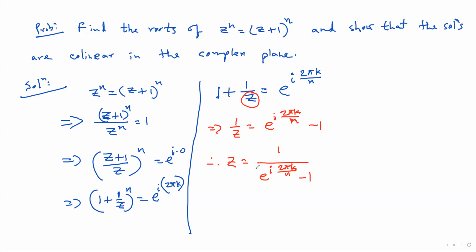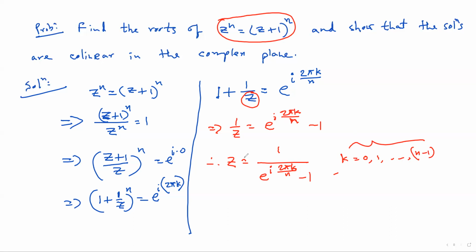Now, actually, we successfully solved the problem. So technically, here you have to just write k equals 0, 1, up to n minus 1, do not forget to write this, of course. So we found all n roots of this degree n polynomial equation in the complex variable z.